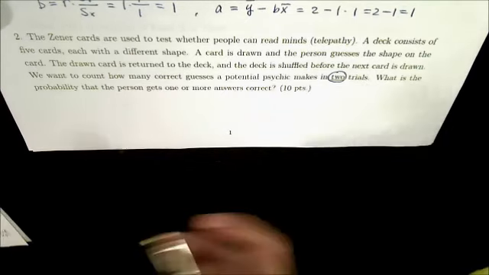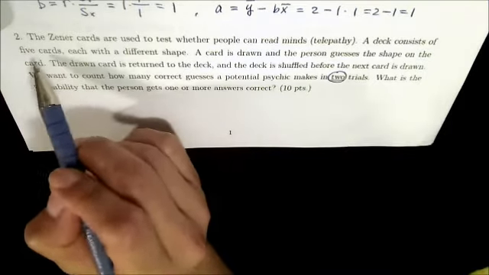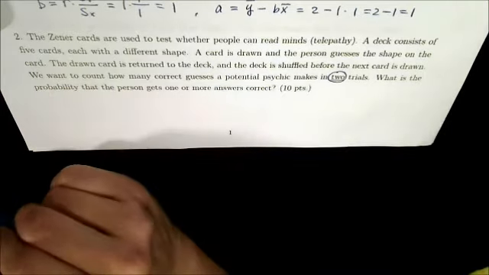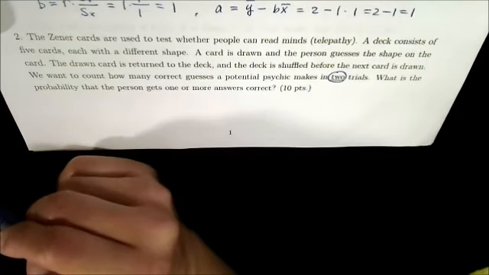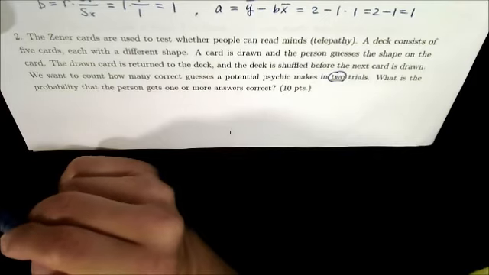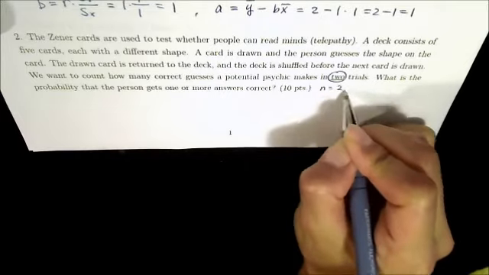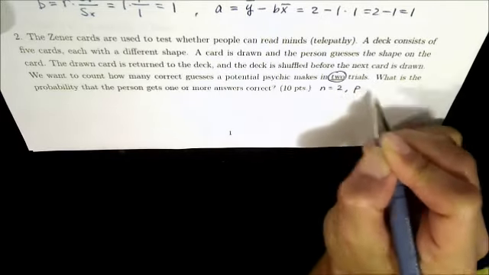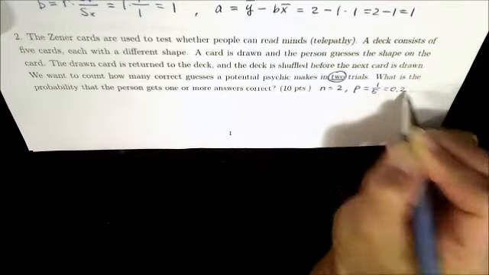And how many options do we have? We have 5 different cards, and only 1 out of 5 is the correct answer. So my success probability p is a constant, 1 out of 5. So here my n equals 2, and the probability of success p is 1 out of 5, which is 0.2.